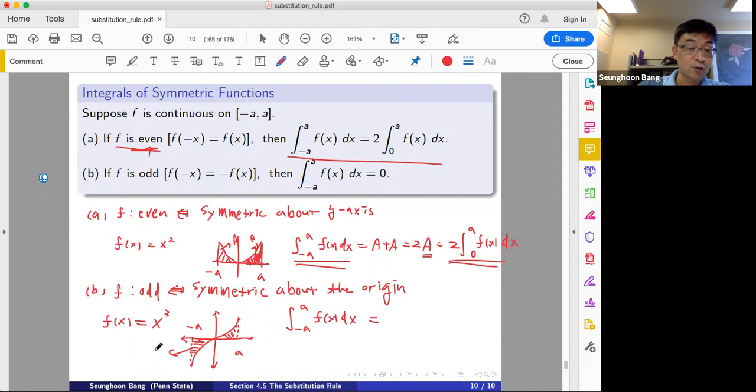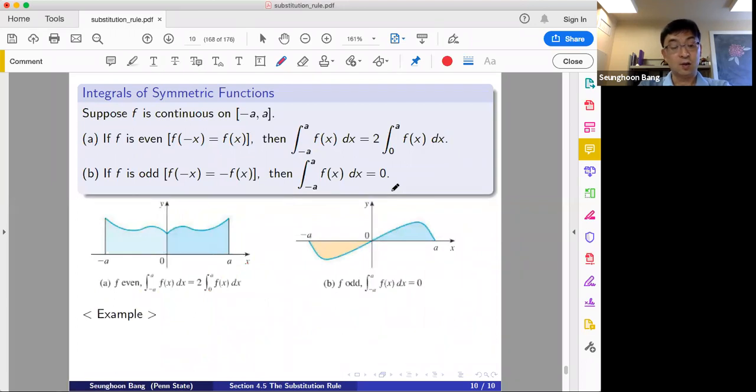The area below the x-axis is kept negative, and the area above the x-axis on the right-hand side is plus A. So what's that? This is always 0. This is one good property of symmetric functions.